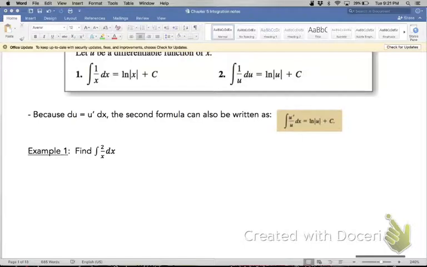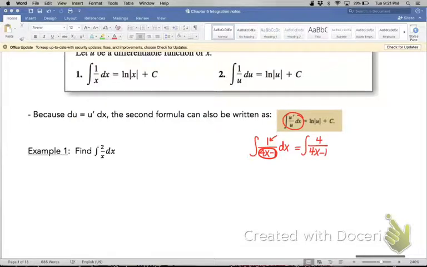Okay. So let's think about the example that we just did. We started off with the integral of 1 over 4x minus 1 dx. And what this is saying is that this is going to be the same as doing the integral of, if I'm going to call this u, then it's going to be u prime that goes here on the top. Well, the derivative u prime of 4x minus 1 would be 4.